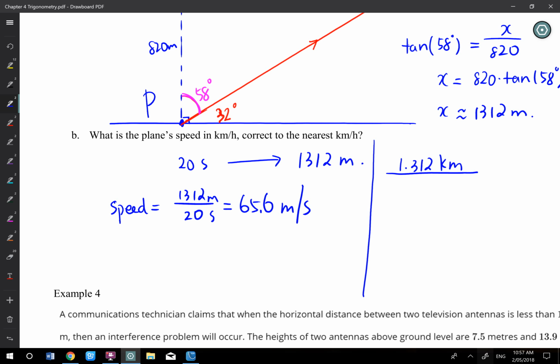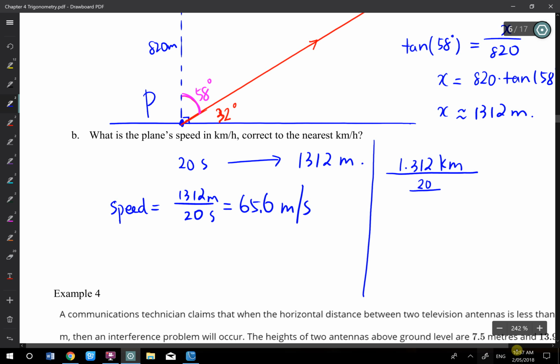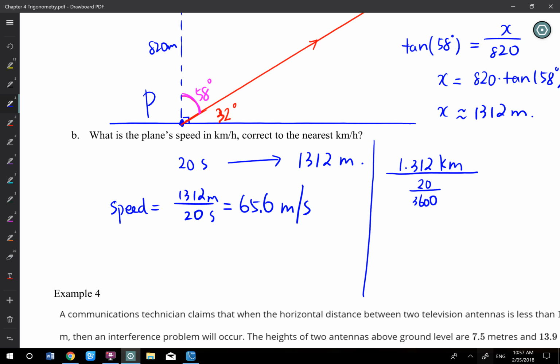Well, it can't be 180 hours. So we need 20 divided by 3,600, right? Each hour you have 3,600 seconds.